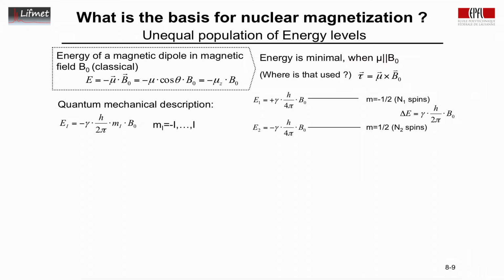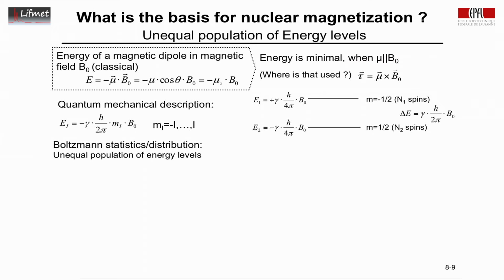We now have an energy difference, whether the nucleus, its spin, is pointing upwards or downwards. It has an energy difference depending on its orientation that is given by the gyromagnetic ratio times the Planck constant divided by 2 pi times the magnetic field B0. Now we know from Boltzmann statistics, or the Boltzmann distribution, that we are going to get an unequal population of energy levels.